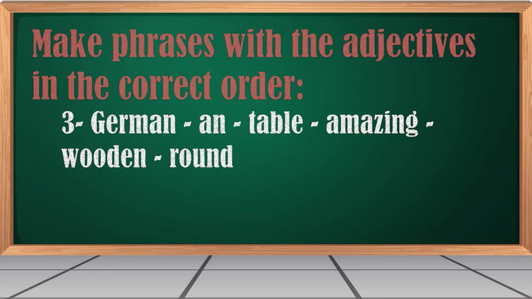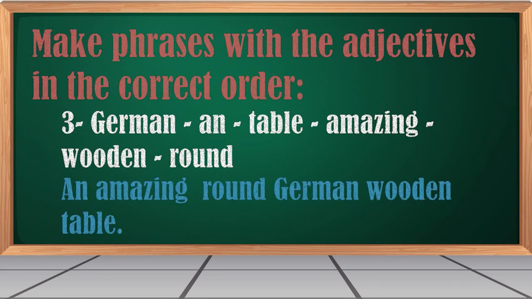So how can we make all of these adjectives in the correct order? So the answer will be an amazing, round, German, wooden table.